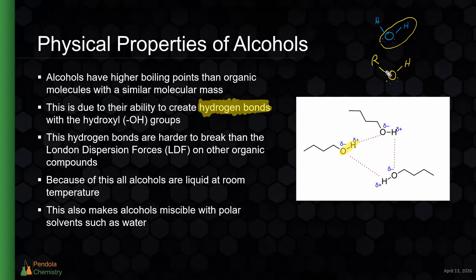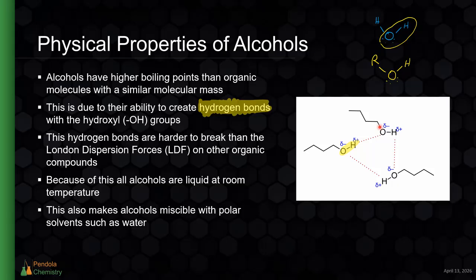It has a carbon chain attached to it. And that OH still makes that alcohol have hydrogen bonding. So you can almost think of alcohols as organic water, right? It's water with carbons attached to it instead of a hydrogen.